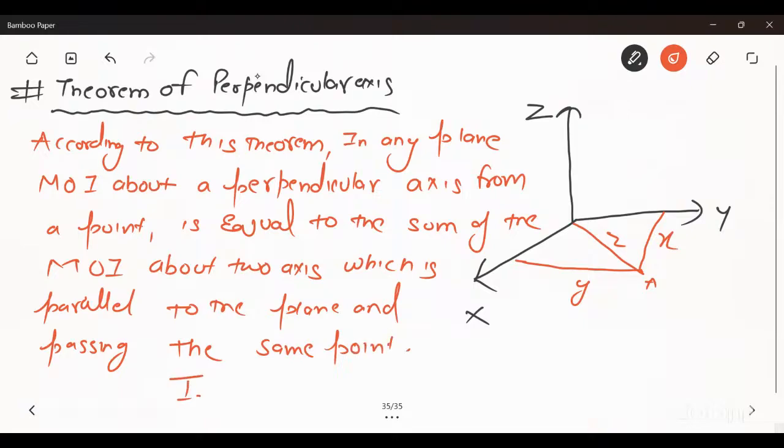That means Iz is equal to Ix plus Iy. The moment of inertia about the z axis is equal to the moment of inertia about the x axis plus the moment of inertia about the y axis.